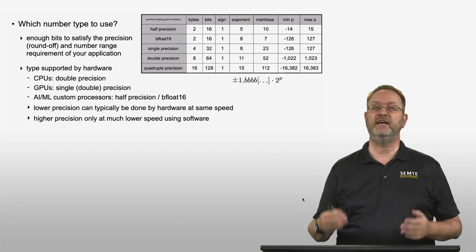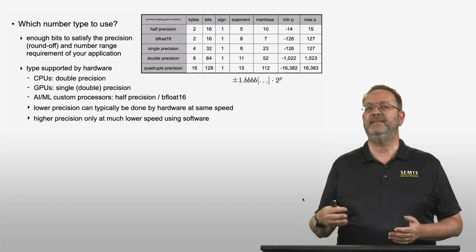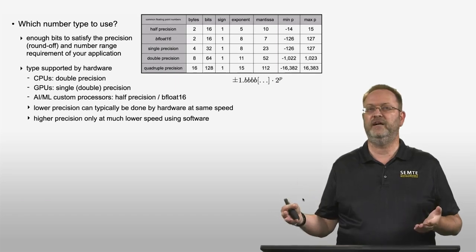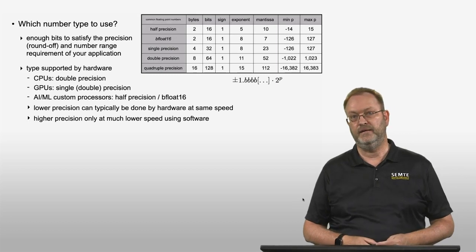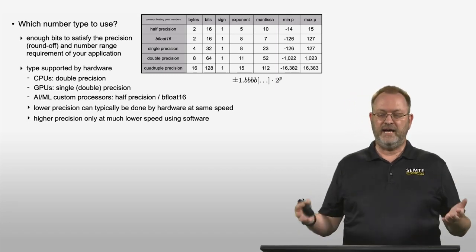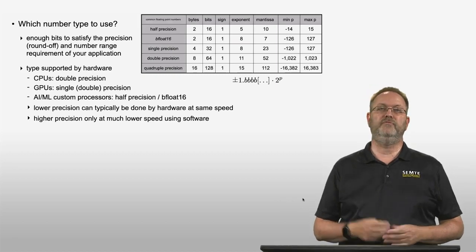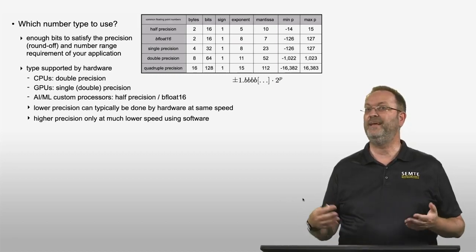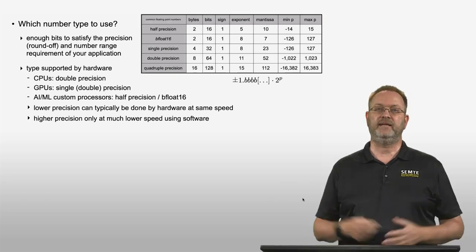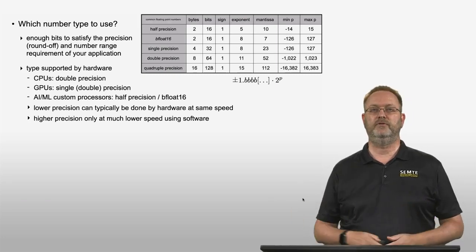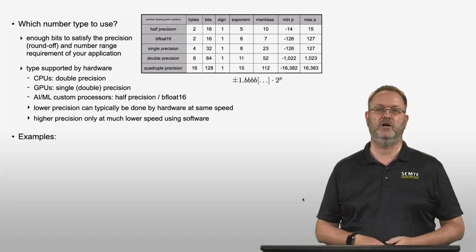However, if you want to run higher precision than is supported by your hardware, then that typically can only be done in software, and that comes at a quite substantial speed penalty. So while our standard CPUs do support double precision in hardware, if we wanted to do quadruple precision, that can be done in some programming languages like Fortran, but that comes at a cost that all of these operations now have to be mapped into double precision numbers at additional cost.